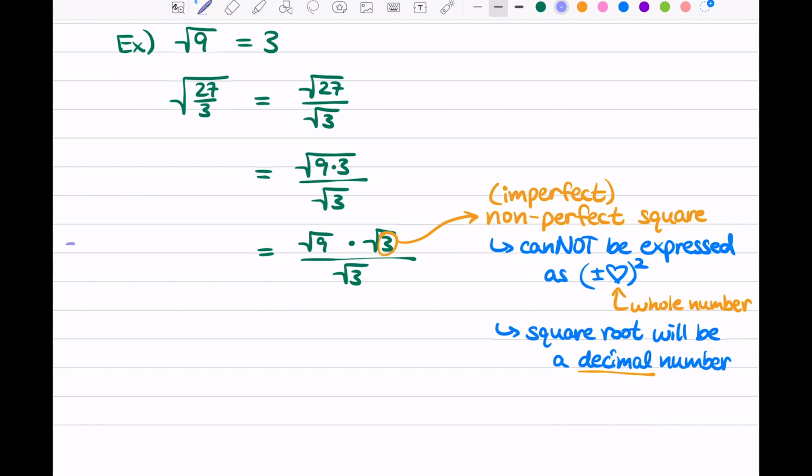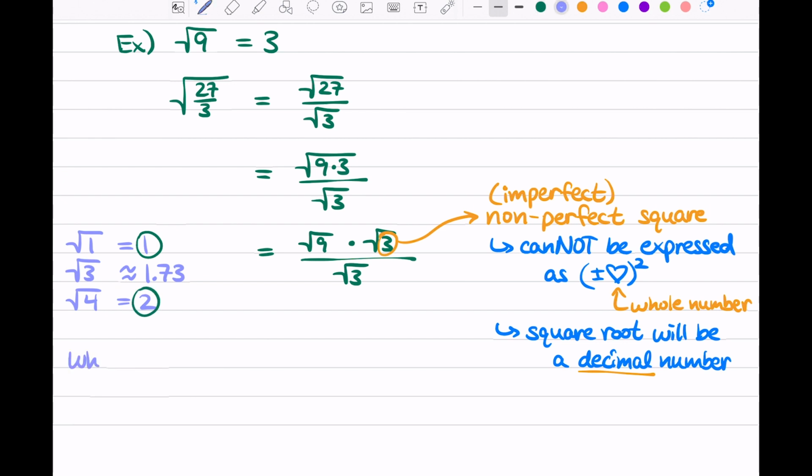So we've seen that the square root of 1 equals 1, and the square root of 4 equals 2. 1 and 4 are both perfect squares, so the square root is a whole number. With a non-perfect square, like 3, if you type the square root of 3 in your calculator, you'll get a decimal that's approximately 1.73. And it kind of makes sense that our 1.73 is between 1 and 2.